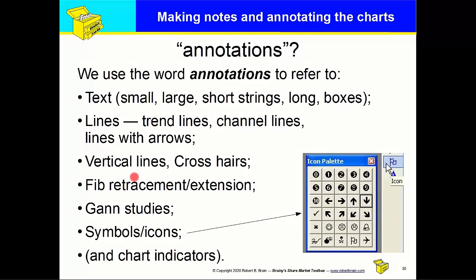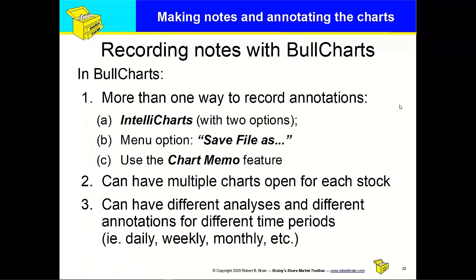All of the things listed on that previous slide about the line studies and tools in BullCharts, I call all of those things annotations. IntelliCharts and the File Save As feature should be able to capture and record all of those. So in BullCharts, we can capture all of those annotations using the IntelliCharts feature, which itself has an extra option. And I'll show you in a moment what that is.